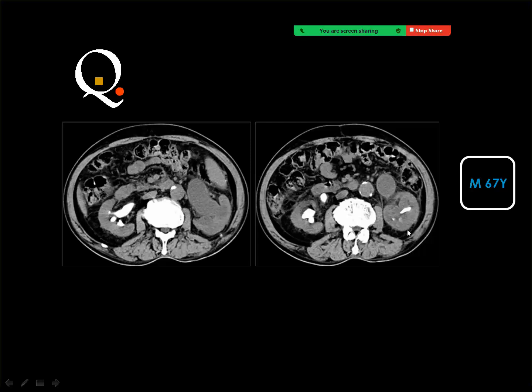On the other side, you can see multiple renal stones with considerable distension of the renal pelvis. This distension may be due to a ureteric stone, or maybe due to pelvic-ureteric junction obstruction, and you should see the remaining part of the exam to differentiate between both.